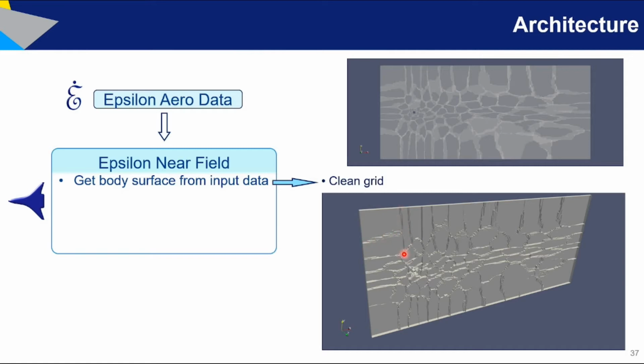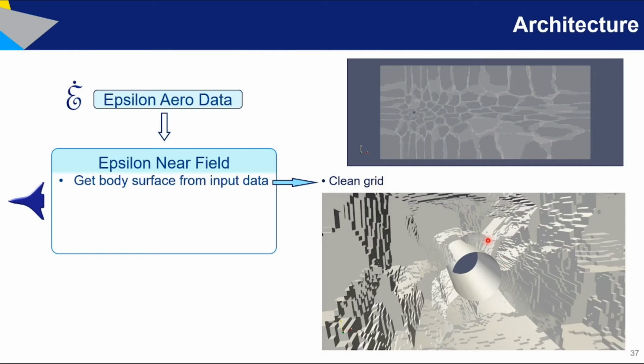And these internal surfaces, as I said before, correspond to the interfaces separating the domain that has been split to assign to each processor. This is a problem because this will be considered as a surface and it will compute the near field forces on these interface surfaces. So we have to get rid of these internal surfaces. And this is achieved by using the clean grid VTK operation.